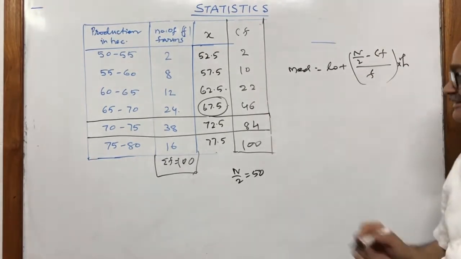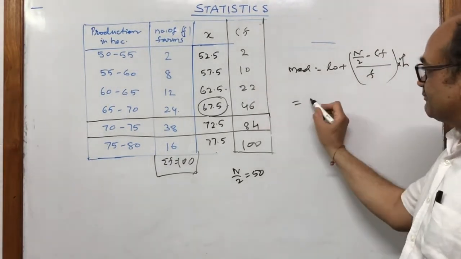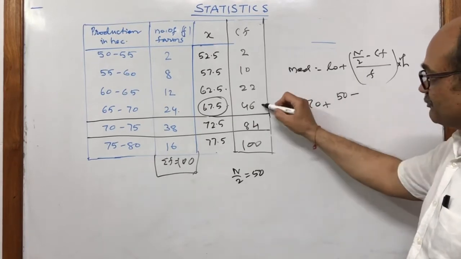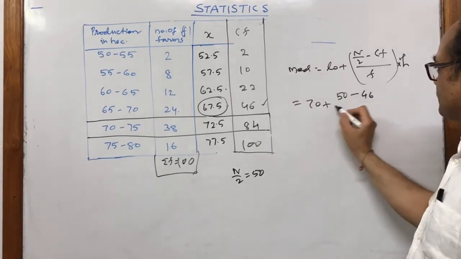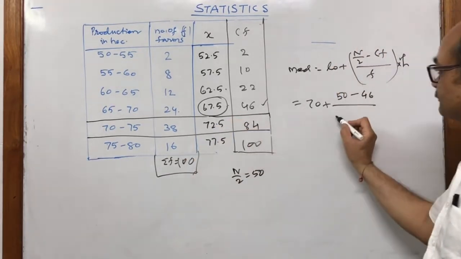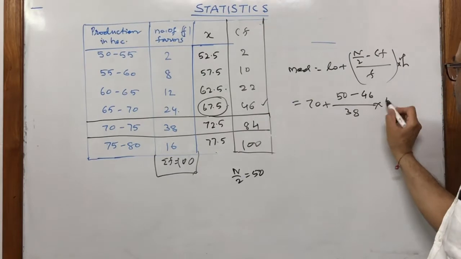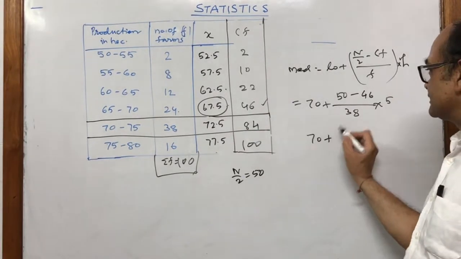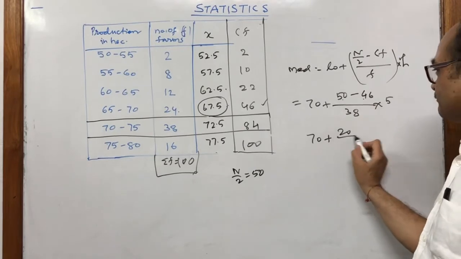Substitute the values. First is L0, 70, plus n by 2, 50, minus CF previous, divided by F, F of median class 38 into 5, width of the class interval. 70 plus 20 by 38.